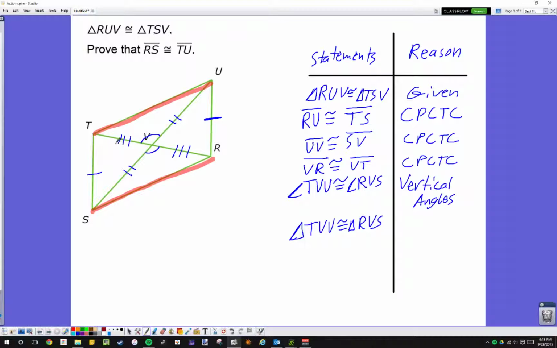Side, angle, side. So this is by side, angle, side again. Okay, and then finally I can actually say that these line segments now are congruent because they are corresponding parts of congruent triangles. And we know that corresponding parts of congruent triangles are congruent. And we're done.